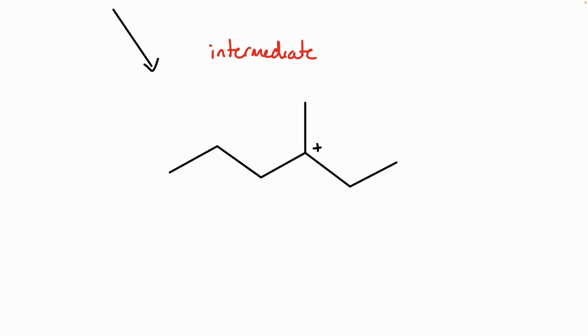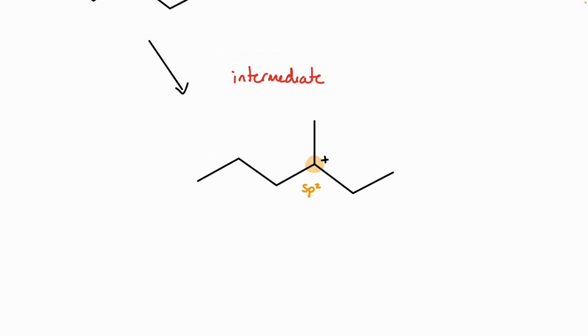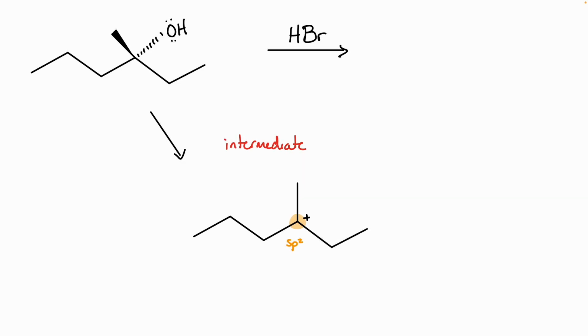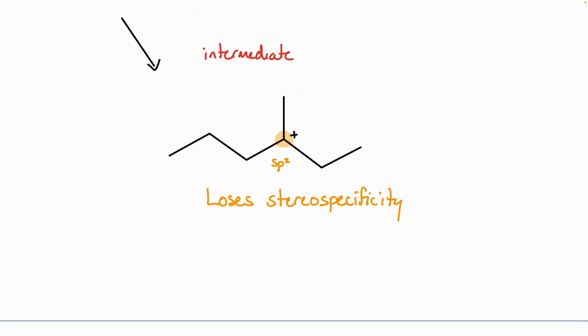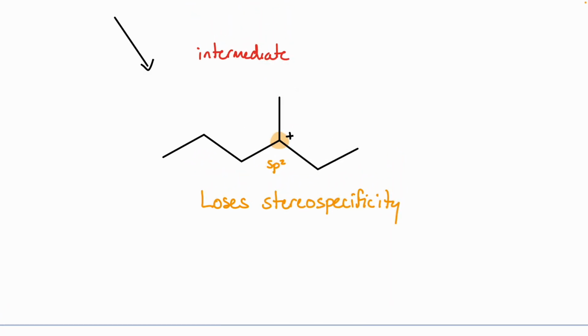These are no longer sp3 hybridized, but sp2 hybridized, meaning that when this carbocation intermediate forms, this molecule will lose any sort of stereospecificity. Because these sp2 hybridized carbons are flat.